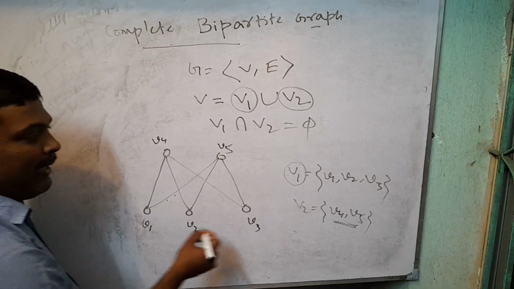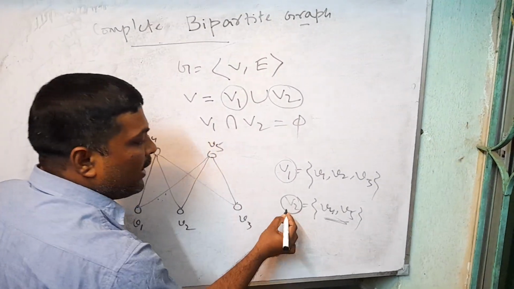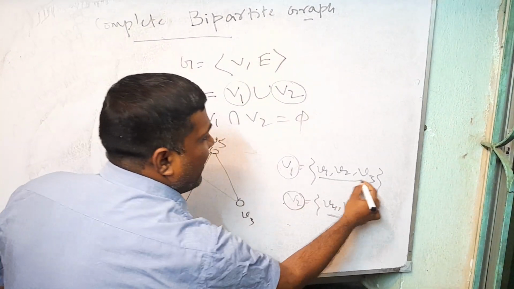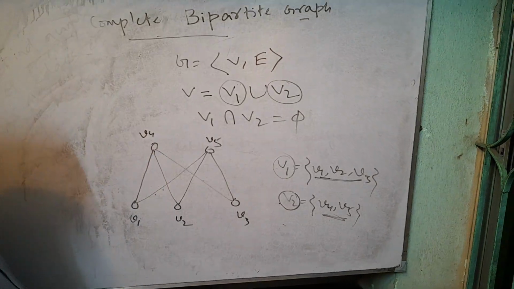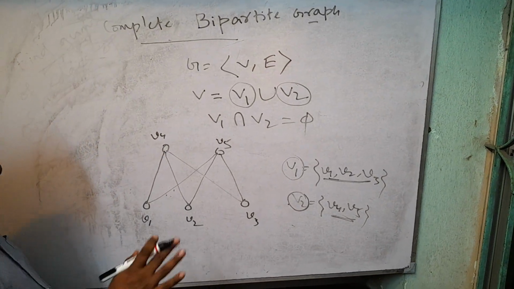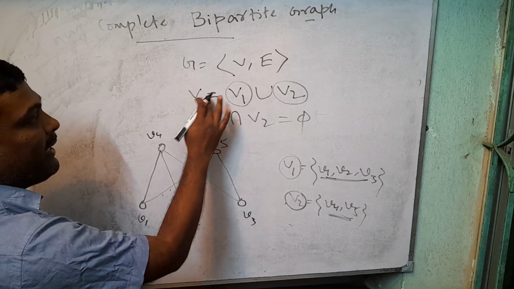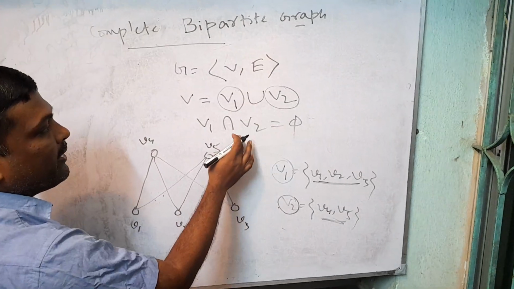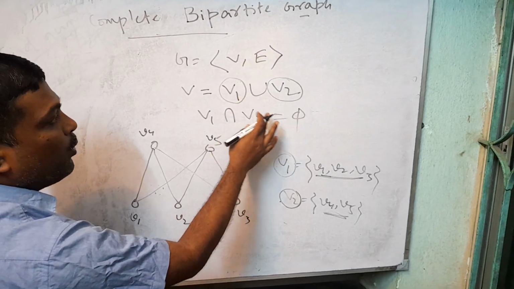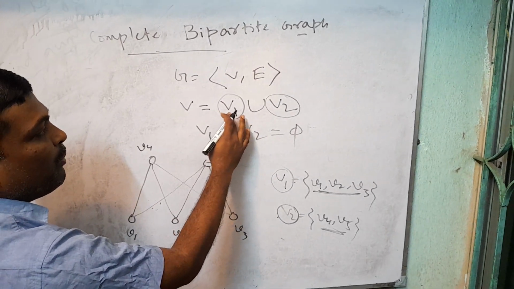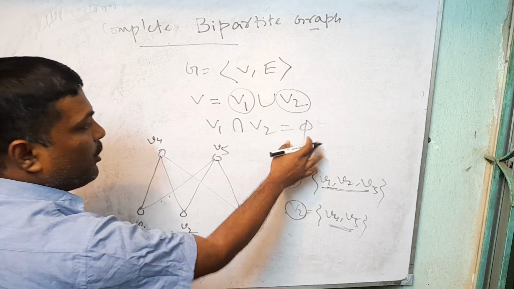Similarly, every vertex of V2 is connected to all the vertices of V1. So what is a complete bipartite graph? It's a bipartite graph whose vertex set is partitioned into two distinct vertex subsets V1 and V2, so V equals V1 union V2 and V1 intersection V2 is the null set.